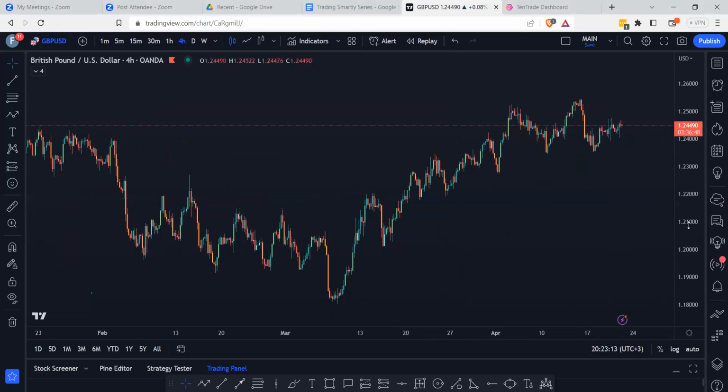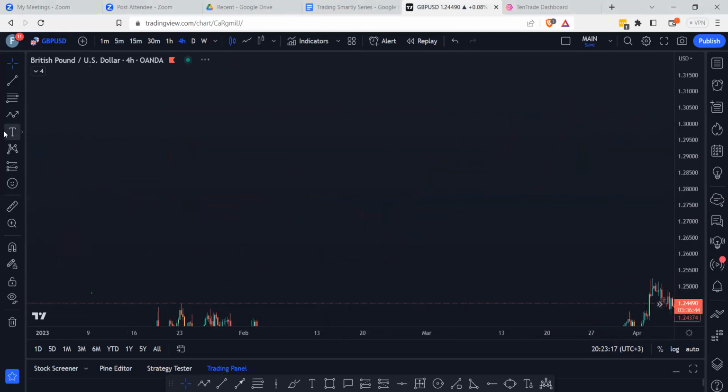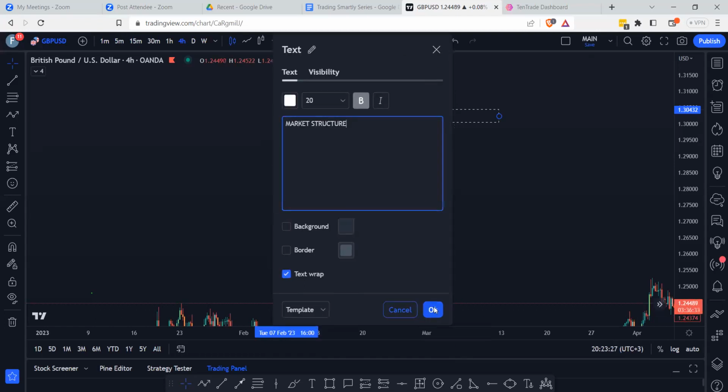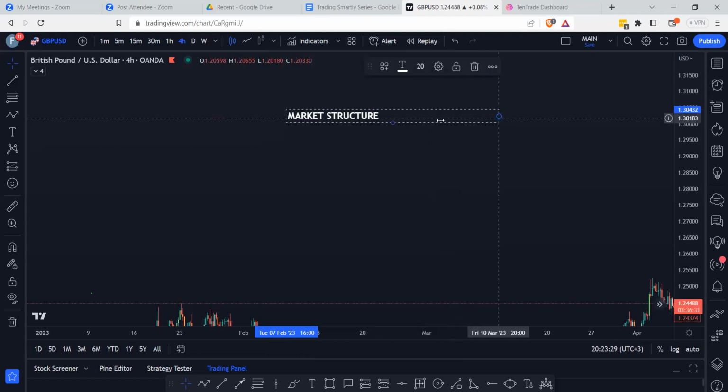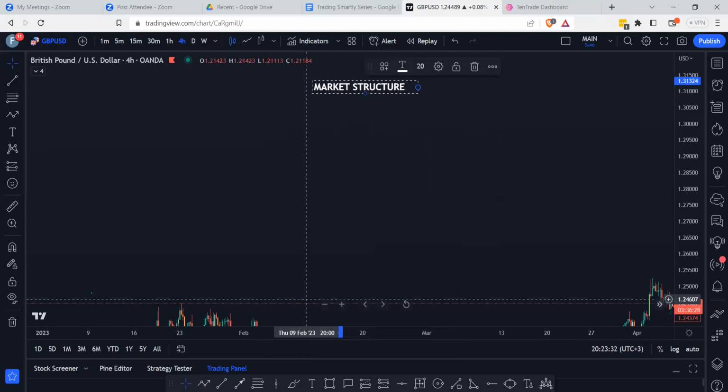So today we'll be looking at a topic called market structure. Under market structure, we'll be looking at two concepts.